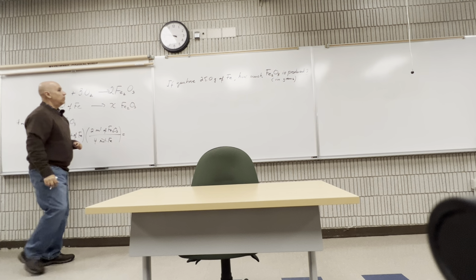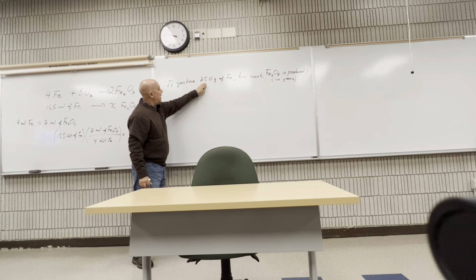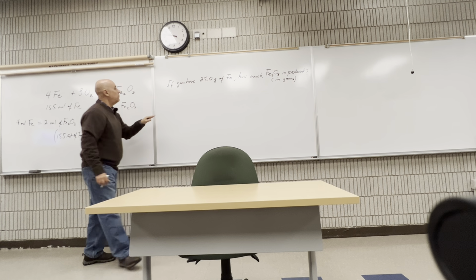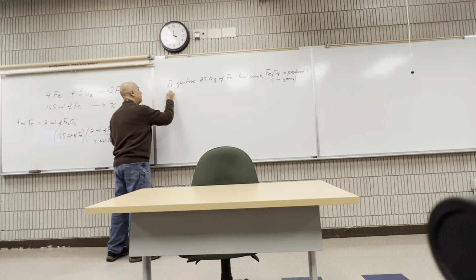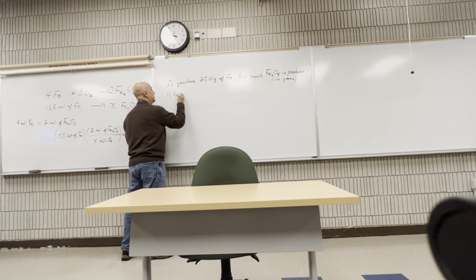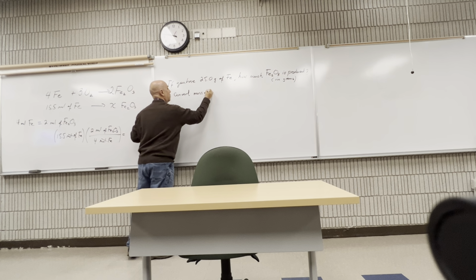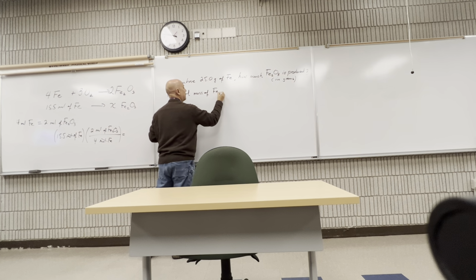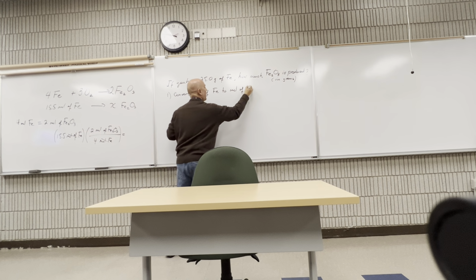So what we know is that this guy, using the molar mass of iron, can be converted to moles of iron. So on step 1, I'm going to convert mass of iron to mole of iron.